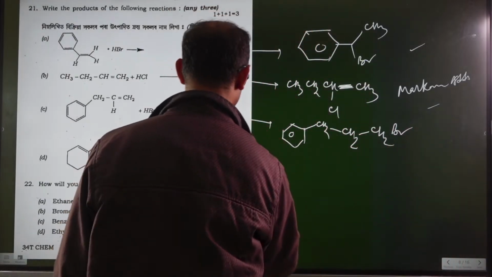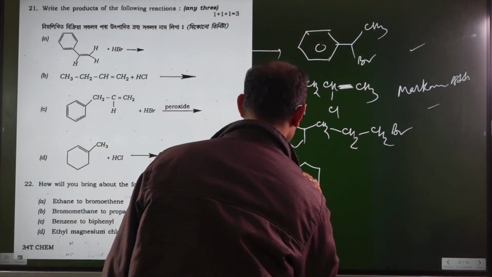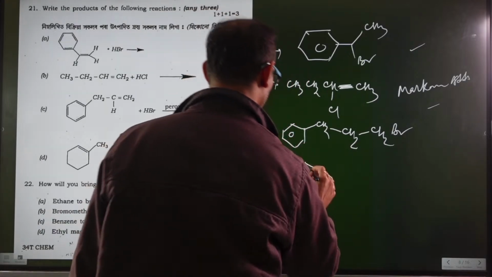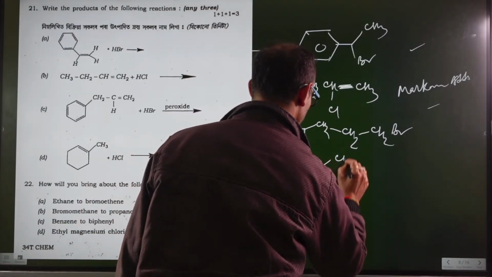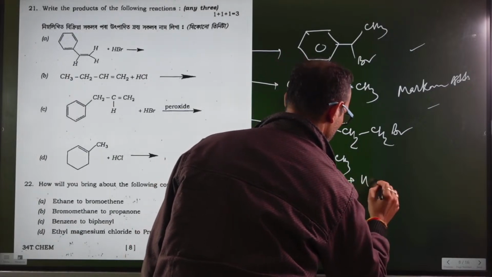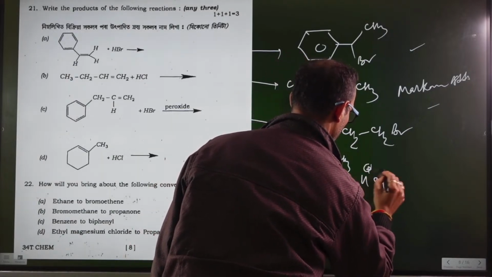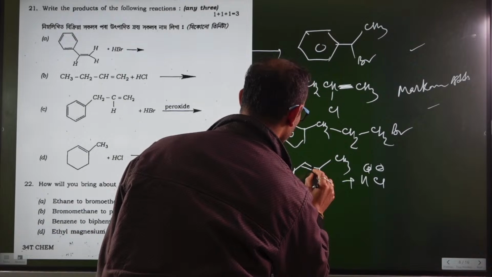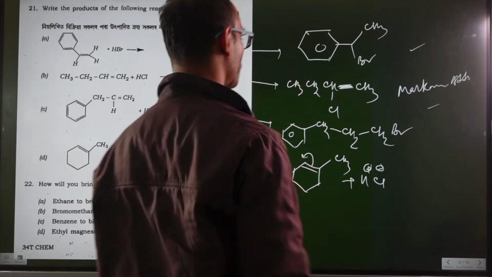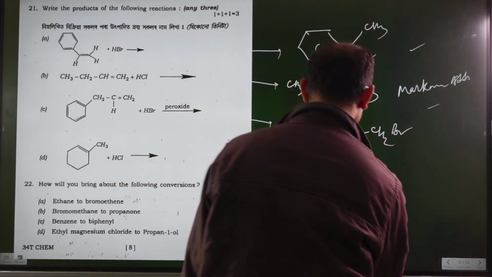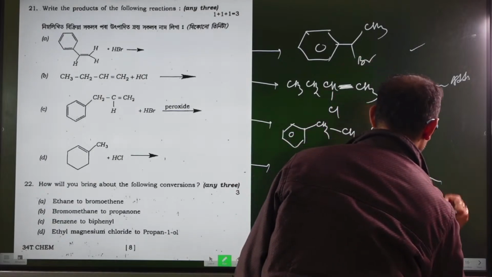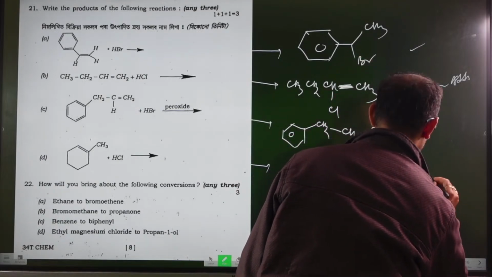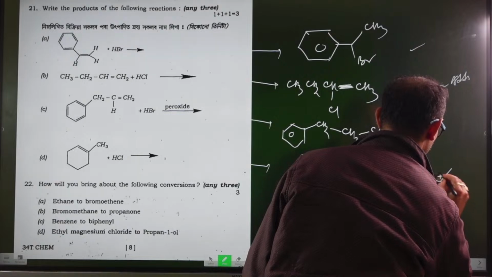In this case also you can see what will be the product. The mechanism is like that. The double bond will be transformed in this fashion, and this will give you a carbocation. This tertiary carbocation will be much more stable. There is a positive charge.